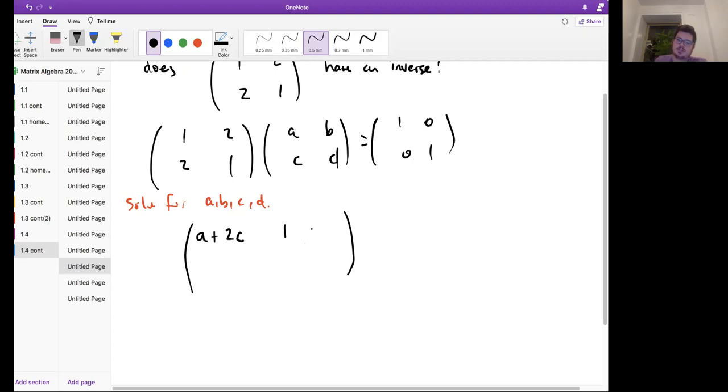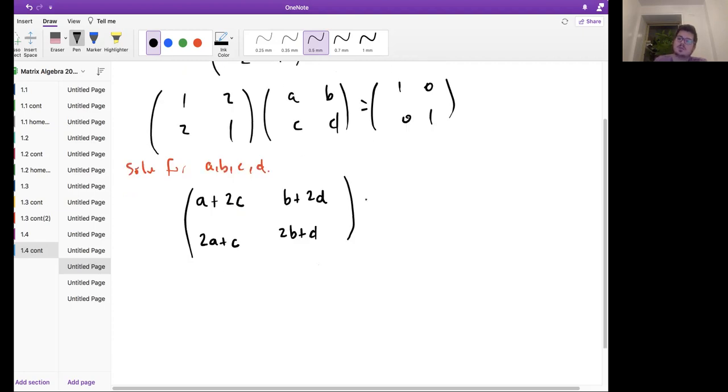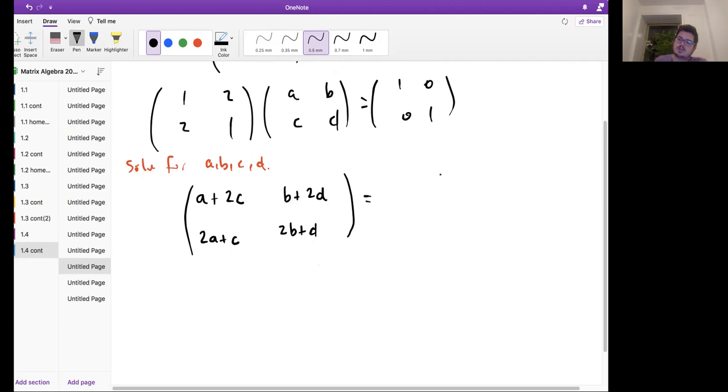B plus 2D. The 2, 1 entry is 2A plus C, and then how about the 2, 2? 2B plus D. And this is equal to, allegedly, 1, 0, 0, 1.